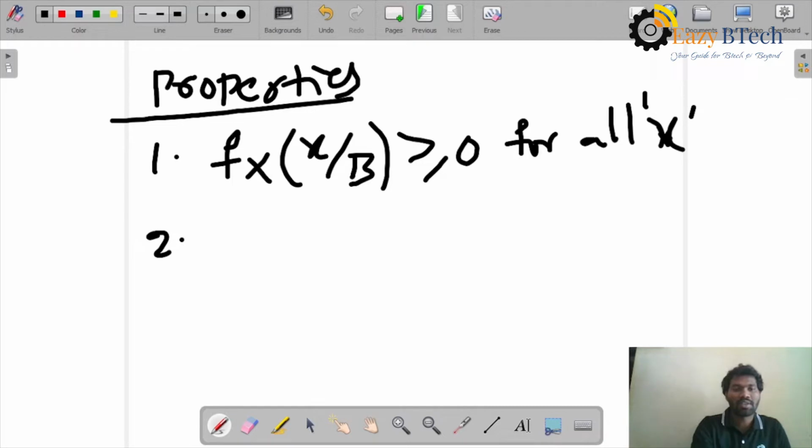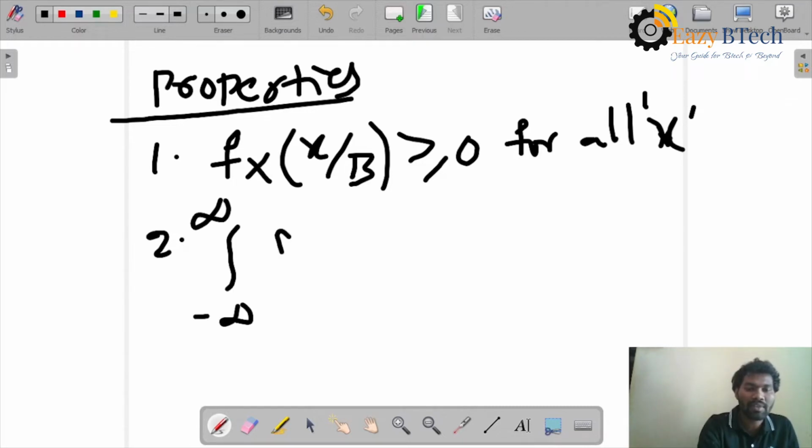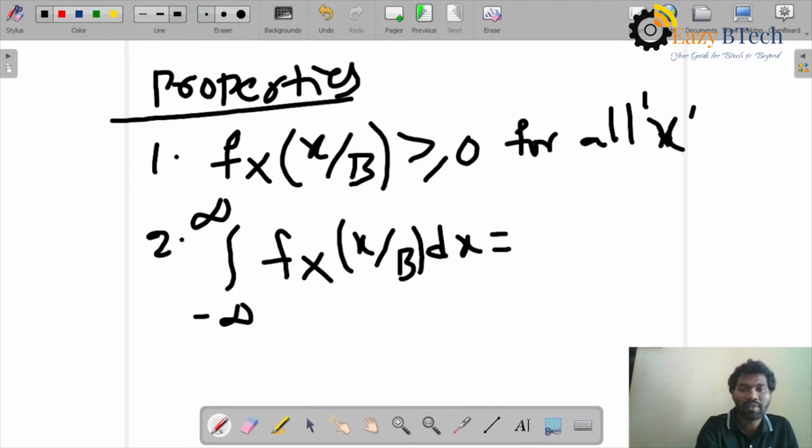The second property is the integral from minus infinity to infinity of fx(x | B) dx is equal to 1. That means the area under the conditional density curve is always equal to 1.